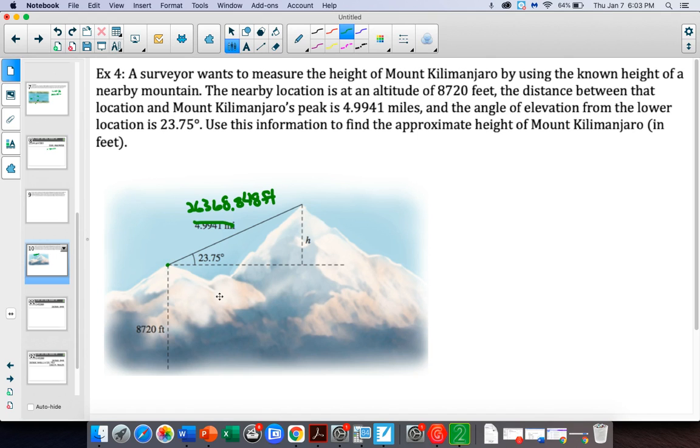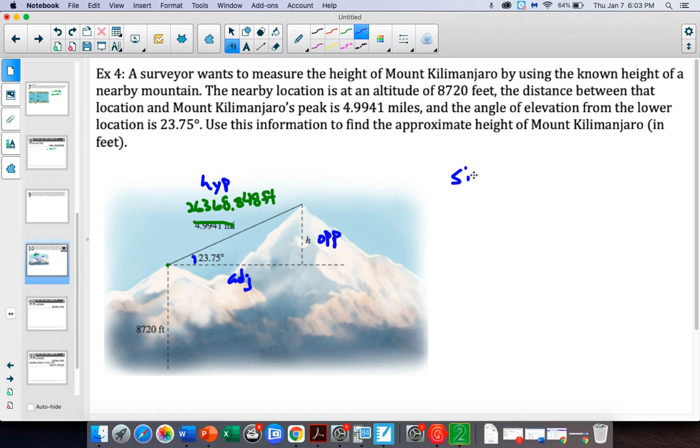Okay, so now we can use some trig. So now, with respect to this angle, right, we're just dealing with this right triangle right here. So this would be the opposite side, this would be the adjacent side, and this would be the hypotenuse. So I'm dealing with opposite and hypotenuse. That's my unknown. This is my known. So I'm going to use sine in this case.